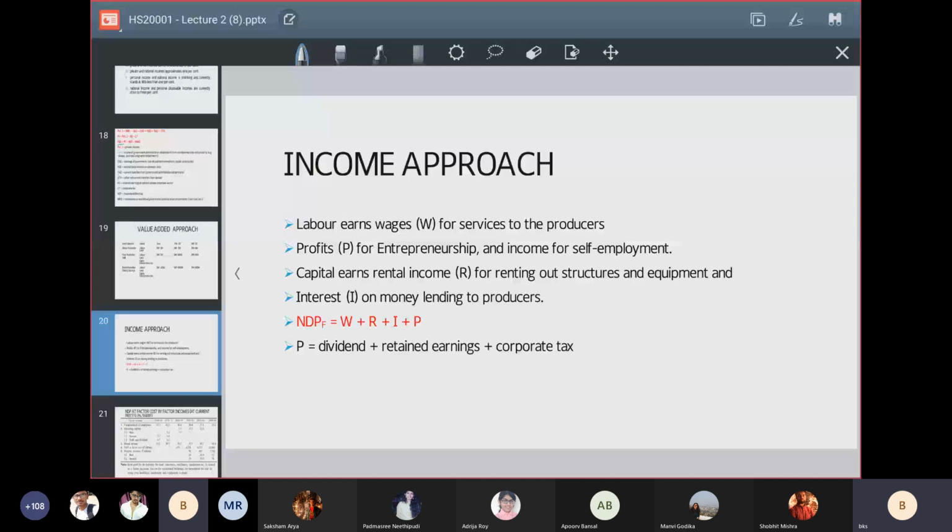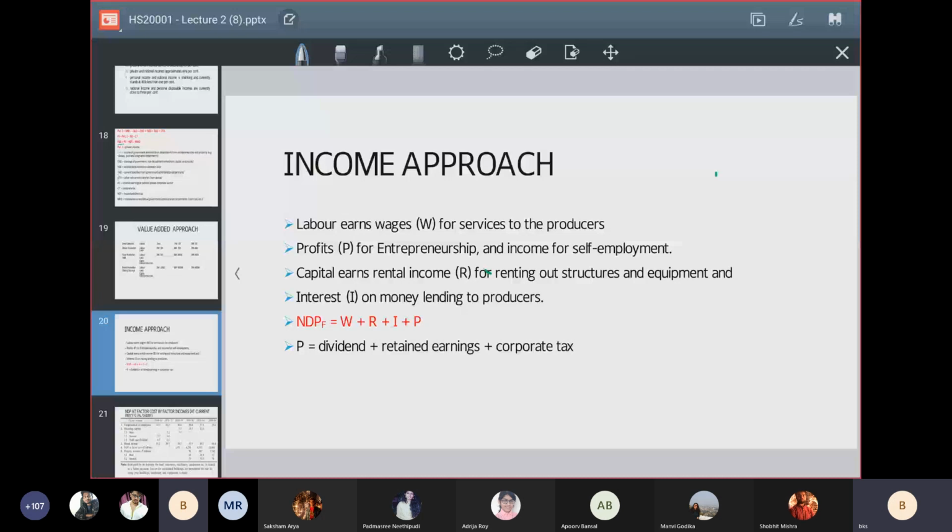Similarly, profits P for entrepreneurship, and income for the self-employment, as well as you have capital and rental income R for renting out structure and equipments, and similarly interest I on money lending to the producers we receive.